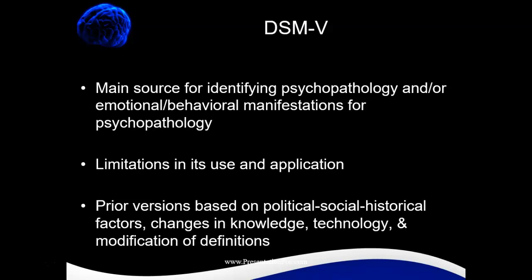Prior versions of the DSM, and even our language related to mental health, are grounded in political, social, and historical factors. And as our knowledge base has become more evidence based, through practice as well as research, we have changed the DSM-5.